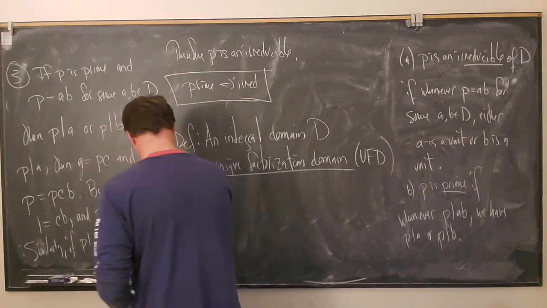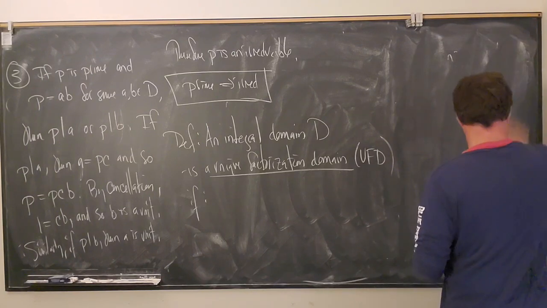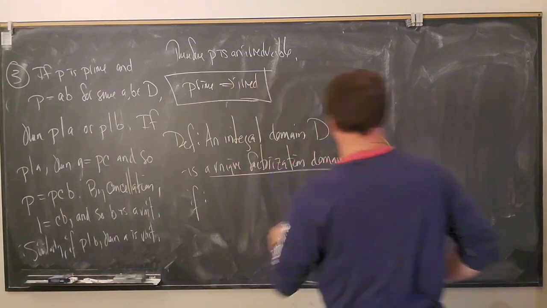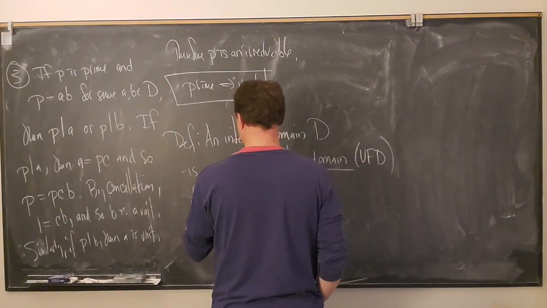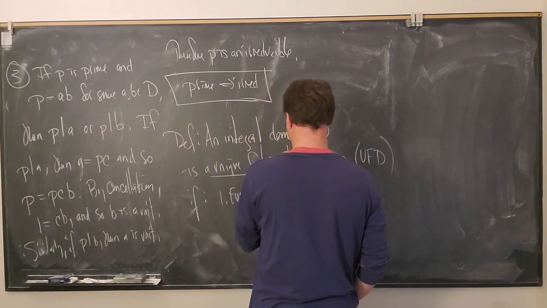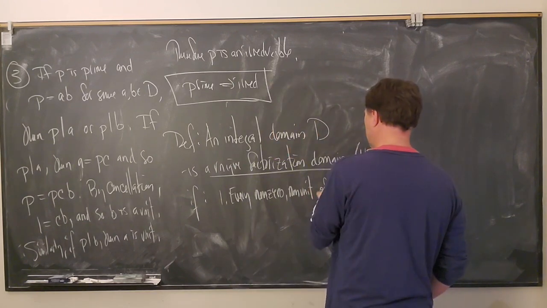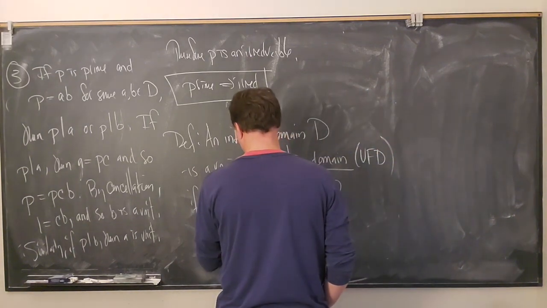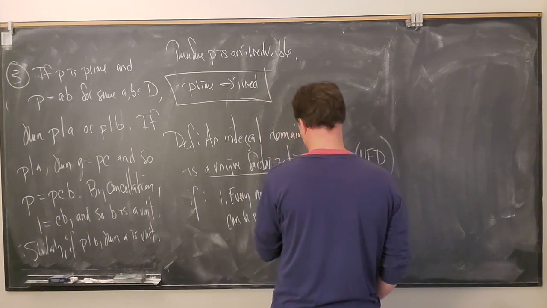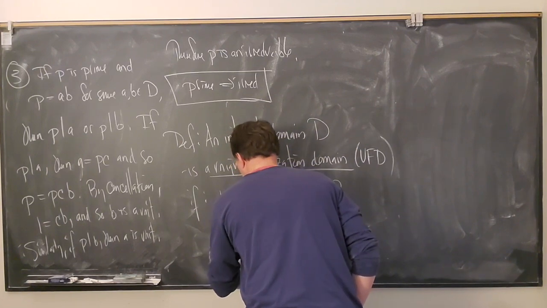Let me put the parts over here. So part one: every non-zero non-unit of D can be expressed as a product of irreducibles.